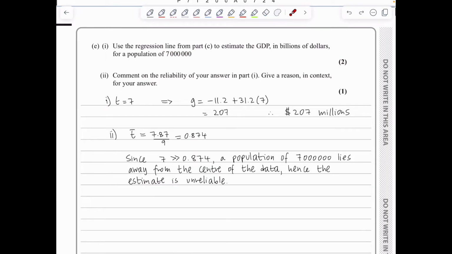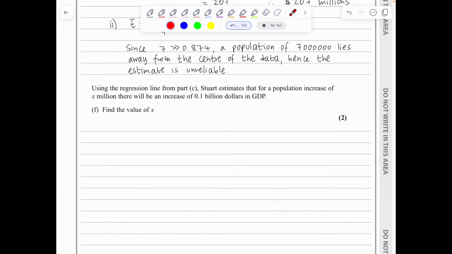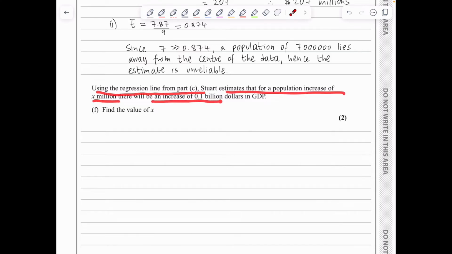In F, we are told that using the regression line from part C, it is estimated that a population increase of X million will give an increase of $0.1 billion in GDP, and we need to find the value of X. Well, based on the gradient of the regression line, we know that for every extra million in population, we've got an extra 31.2 billion dollars.